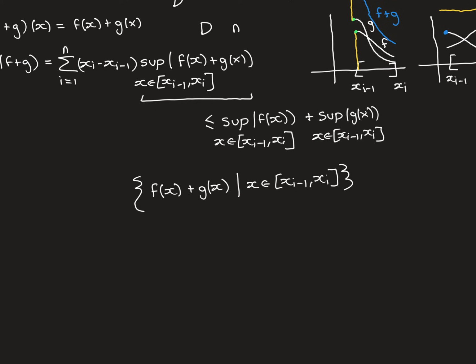and take the supremum of that set, and that's this number here. So we want to prove that that supremum is less than or equal to this. Now, one way we could do that, and the way we're going to do that, is to show that this is an upper bound for this set. So to show that these two numbers added together is greater than or equal to everything that is in that set.